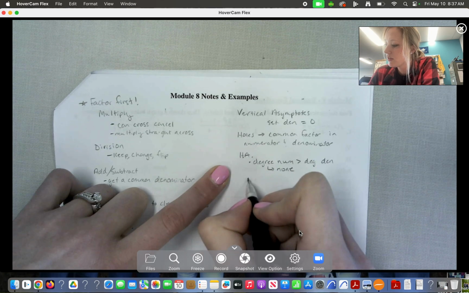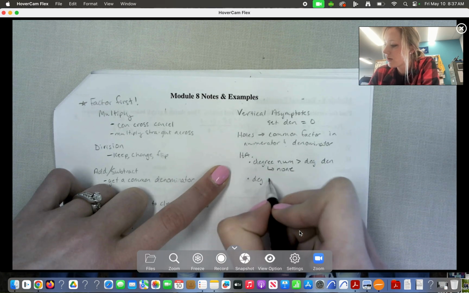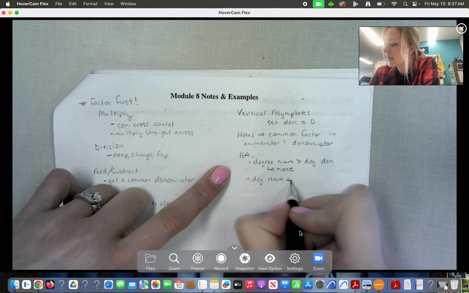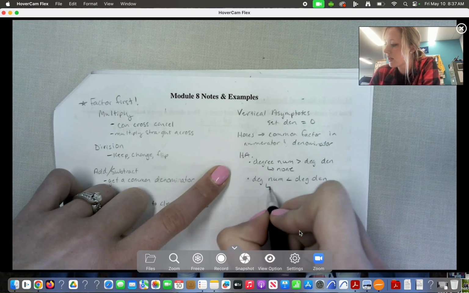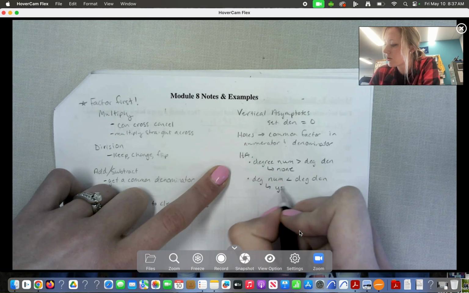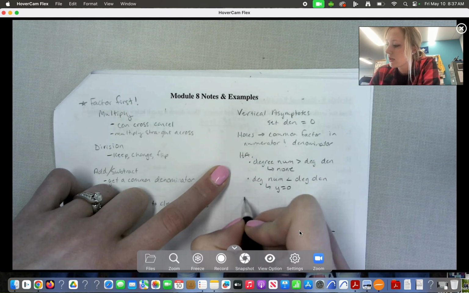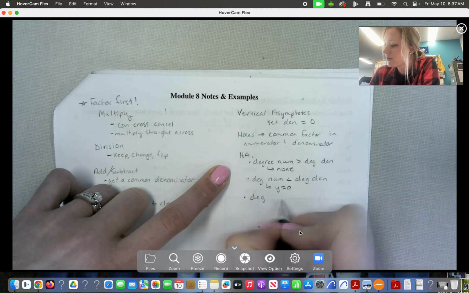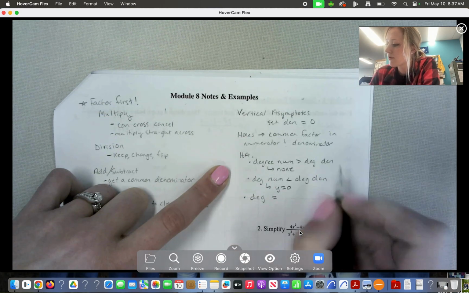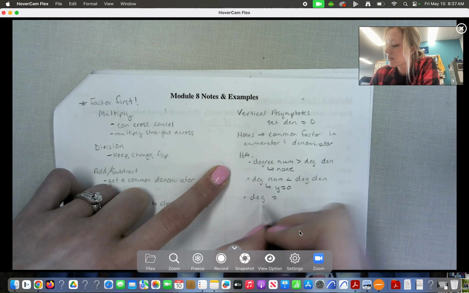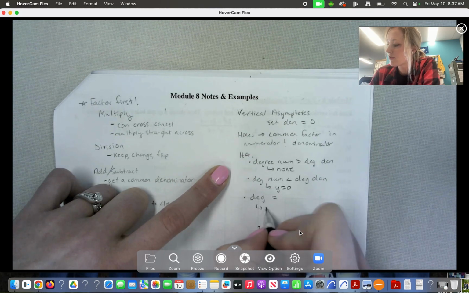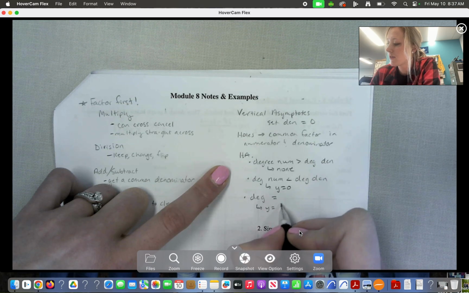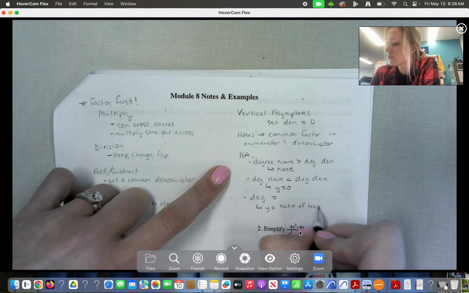If the degree of the numerator is less than the degree of the denominator, then there's an asymptote at y equals 0. If the degrees are equal, what happens is we do have a horizontal asymptote at y equals the ratio of leading coefficients.